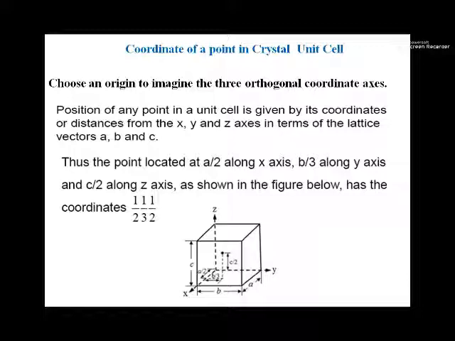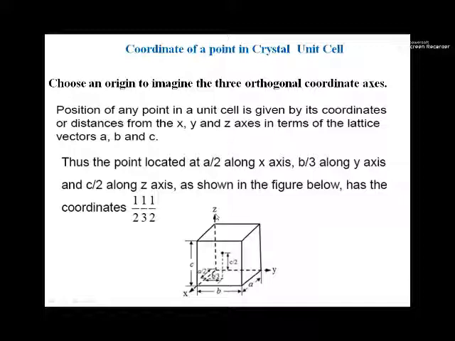So you have taken a unit cell, and in the first case you have to choose a definite coordinate system, which is chosen by me here as x, y, z.